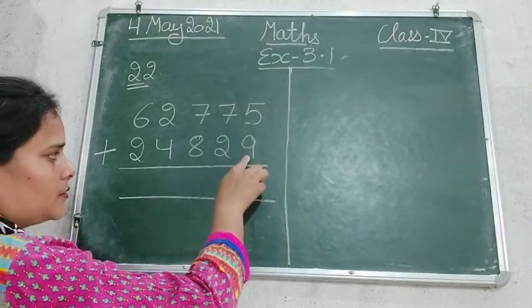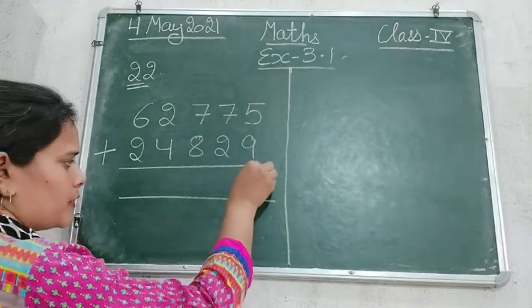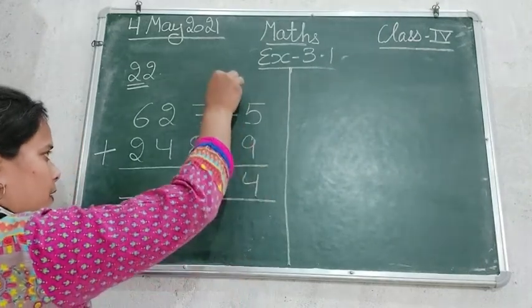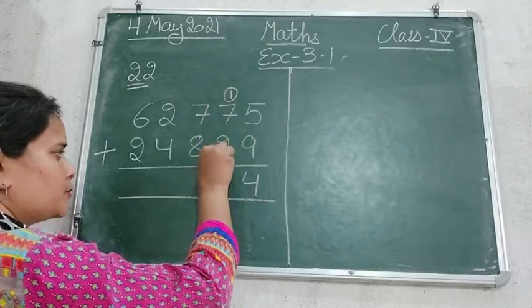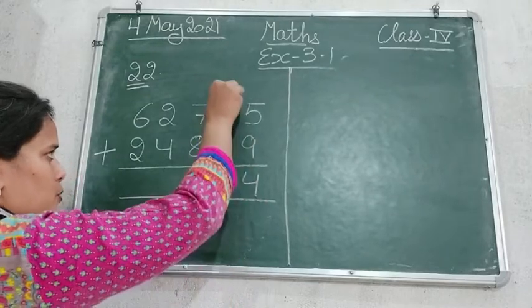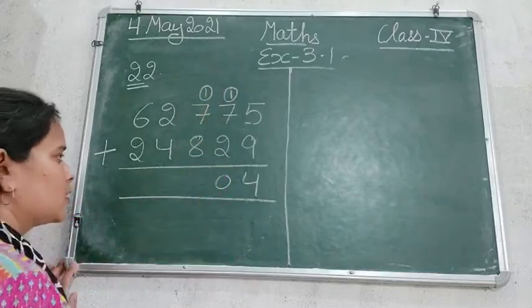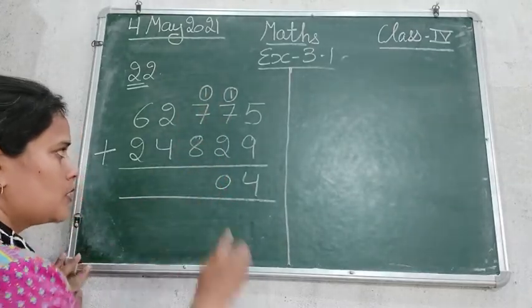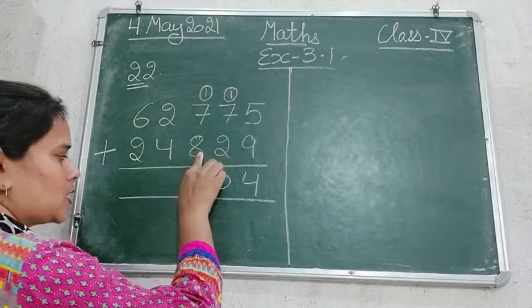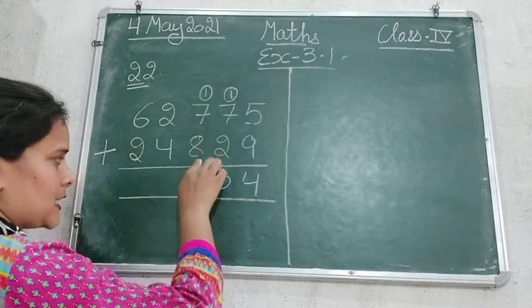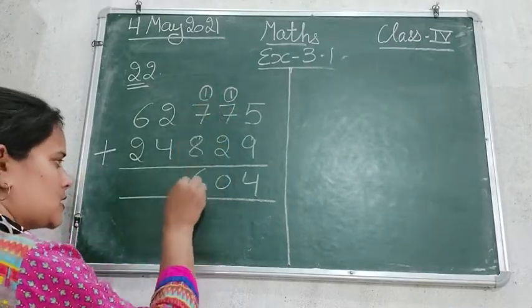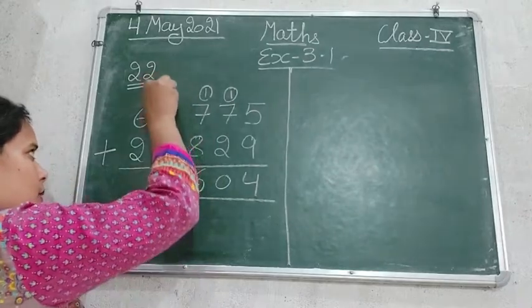5 plus 9, 14. 4 will be here. 1 will be carried here. 7 plus 2, 9 plus 1, 10, 0, 1. Okay, now 7 plus 8, 15 plus 1, 16. 6, 1 will be carried here.